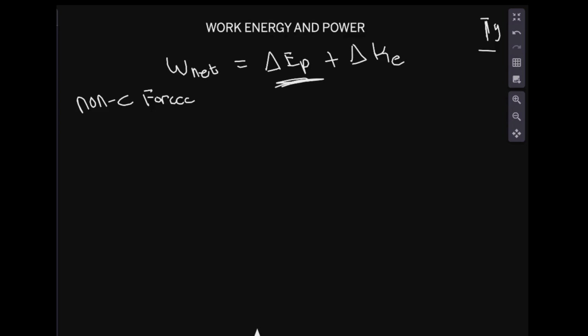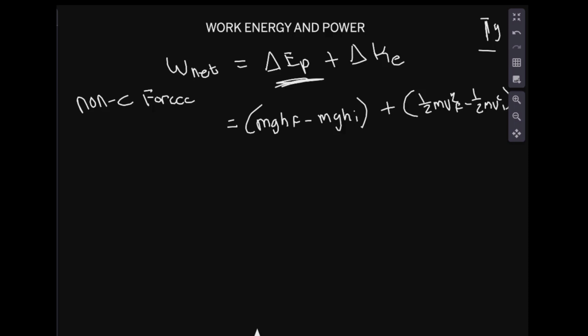Now, we are going to say that the change in energy is mass, gravity, height final minus mass, gravity, height initial plus a half mv squared final minus a half mv squared initial.